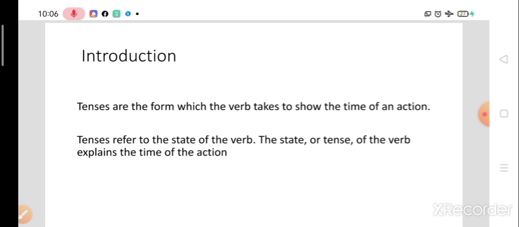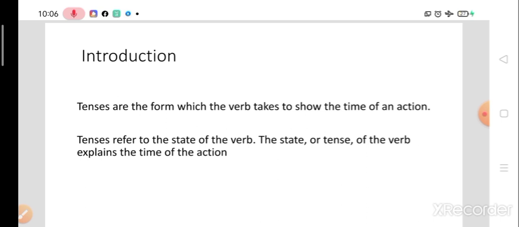For example, if we say a sentence, I went to the school, then I is the subject and the school is the object. Now went is the word which tells us whether I had already gone, whether I am going today, or whether I'll be going tomorrow.